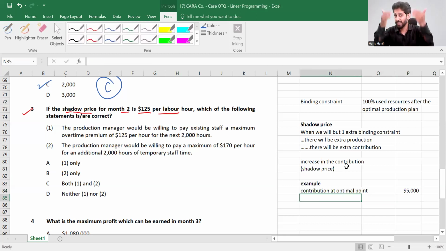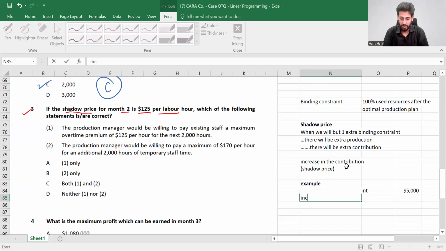So when you purchase one extra binding constraint, obviously the contribution would increase after buying binding constraints.